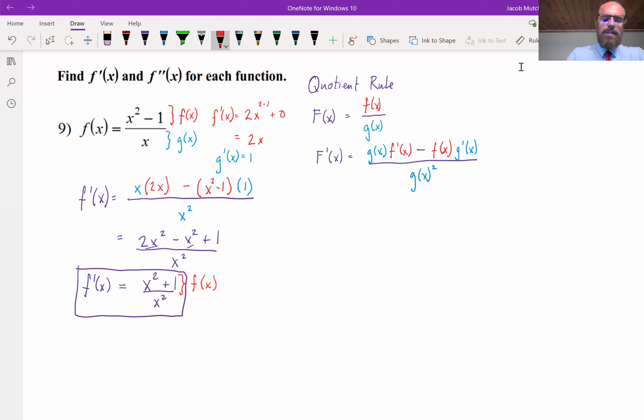So f of x is x squared plus 1, which makes its derivative 2x to the power of 2 minus 1 plus 0, or again, just 2x. So it's the same derivative as we saw in the original function. So g of x here for my second go round is going to be x squared.